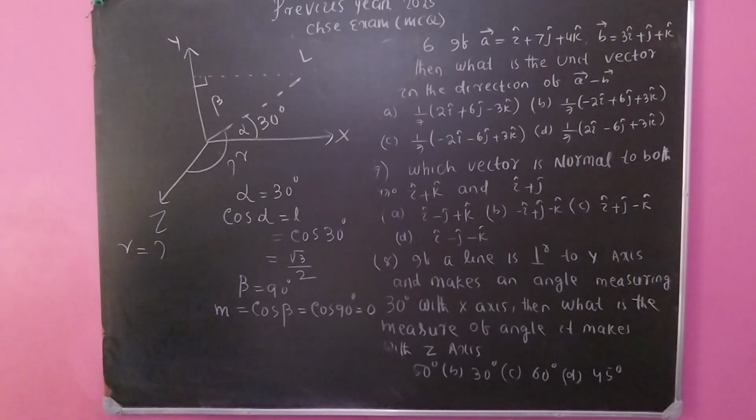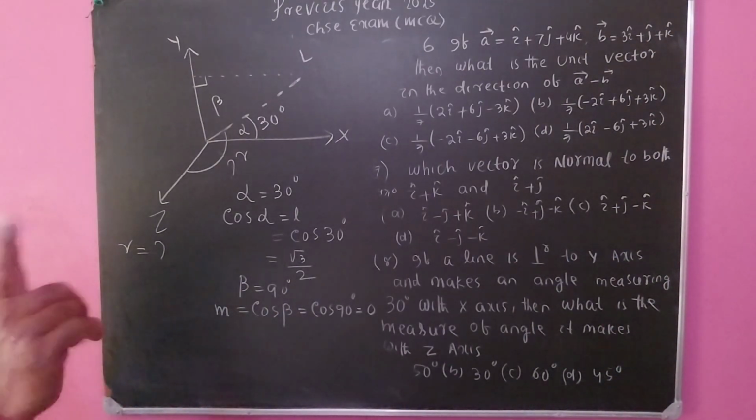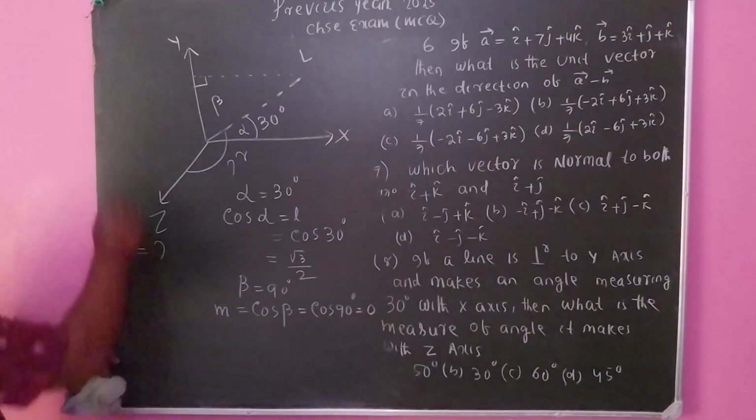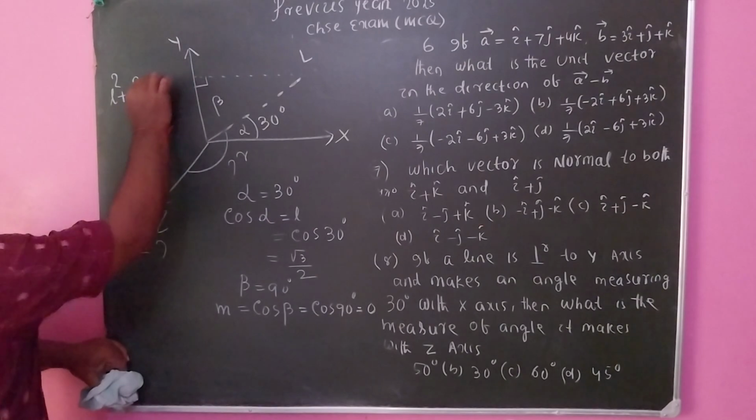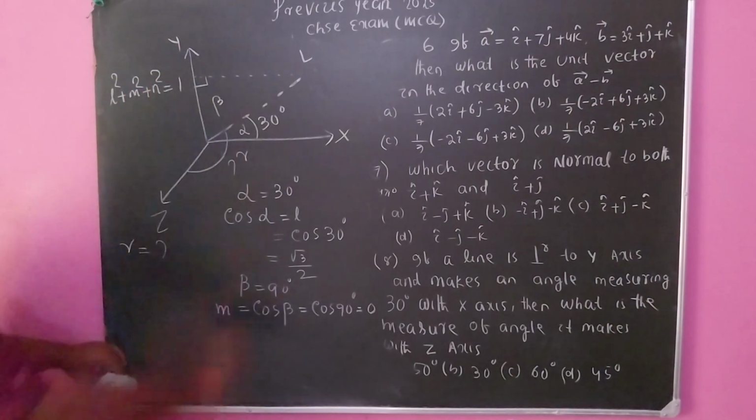We know one formula: sum of square of direction cosine of any line must be equal to 1. That means l square plus m square plus n square is equal to 1.